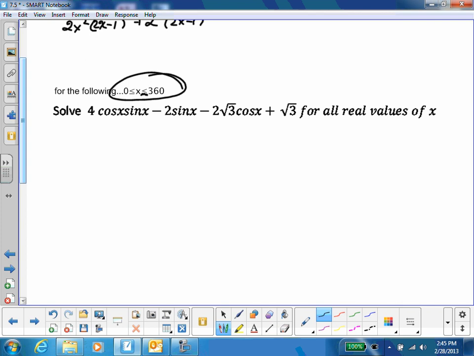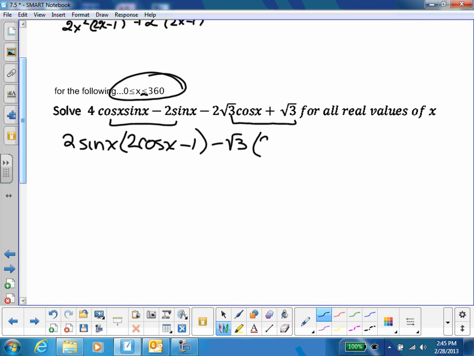So what would you group out of each of these? 2 sine of x for the first one leaves me with a 2 cosine of x minus 1. Remember, every place has to have a value. What am I going to pull out of the next two? Just a negative root 3. That leaves me with 2 cosine of x minus 1.